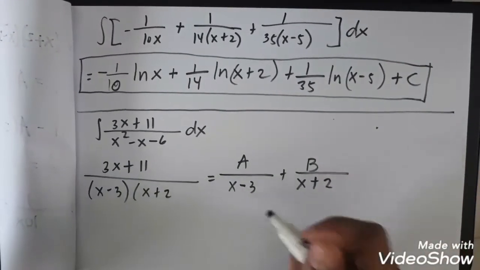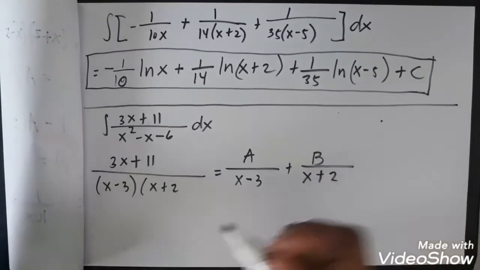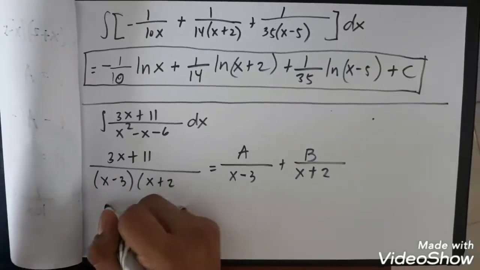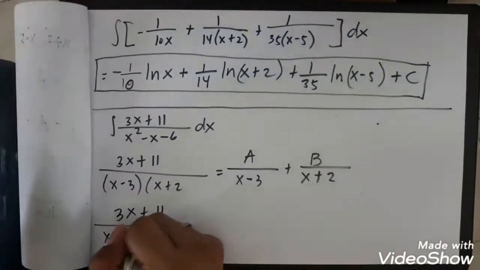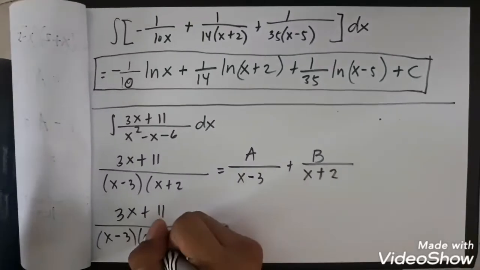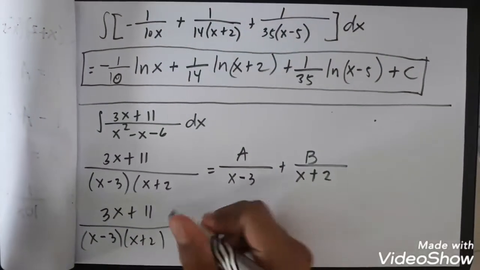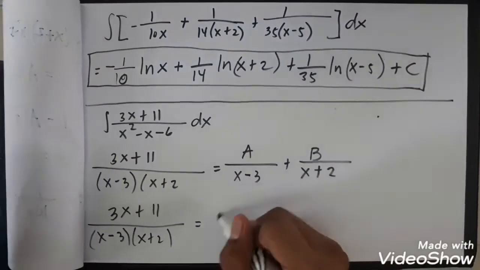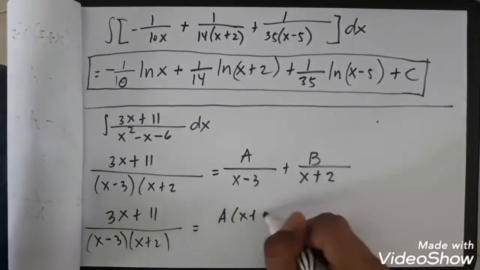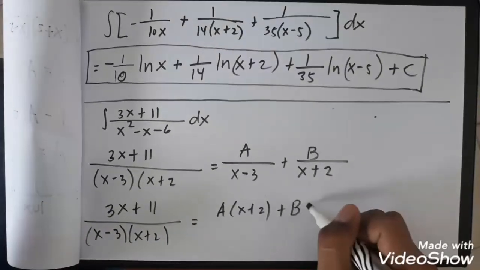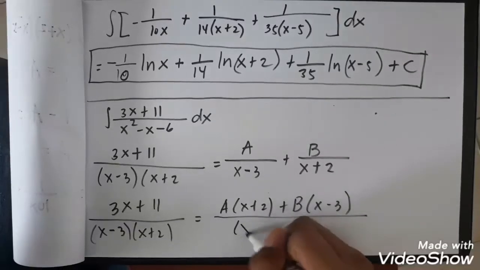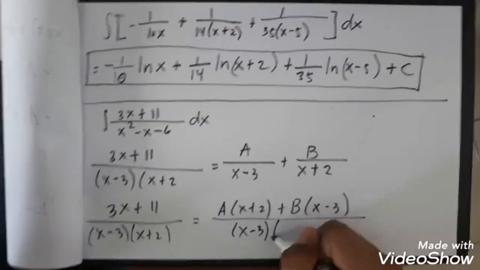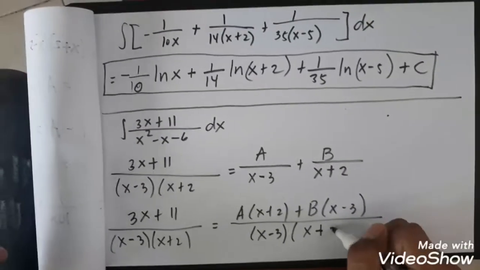The next step is to actually add the right side back up. So (3x plus 11) over (x minus 3)(x plus 2) is equal to A(x plus 2) plus B(x minus 3) over (x minus 3)(x plus 2).